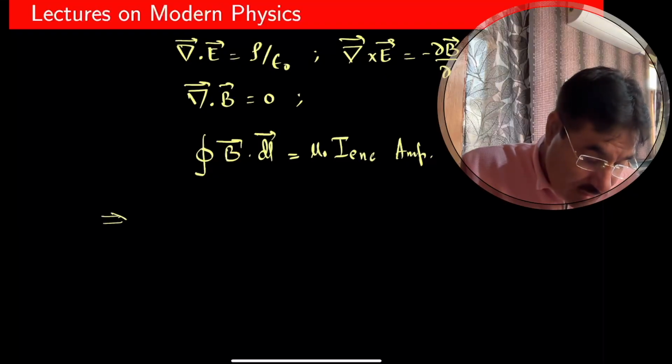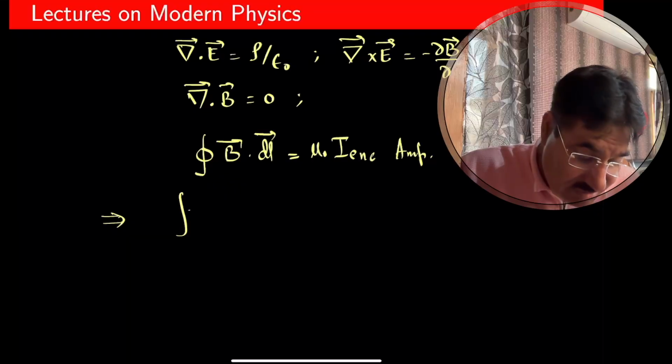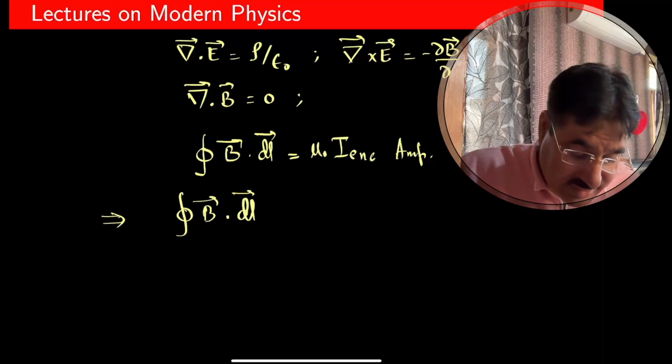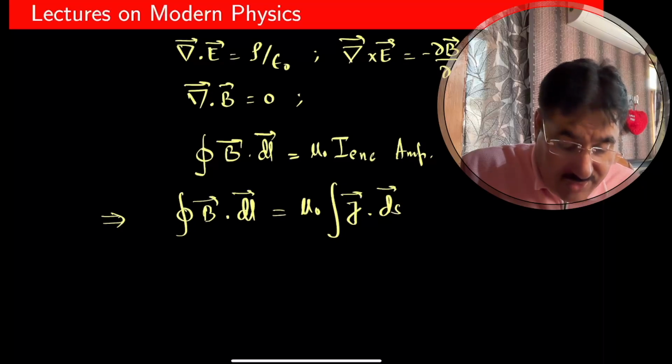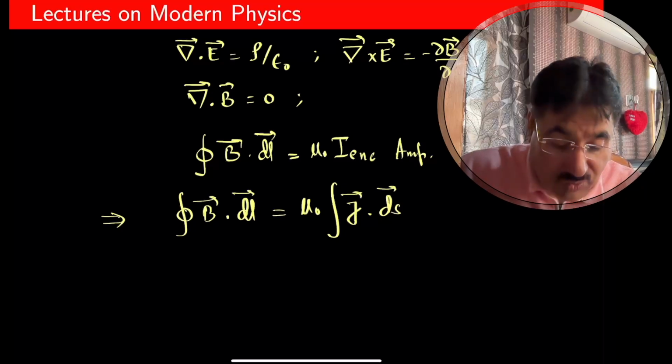So now I can write down the same equation as we proceed in a similar way. I can write down B dot dl, the left hand side, the way it is, mu naught, and I put this I in the form of a distribution, current density through the surface, or flux of current density.